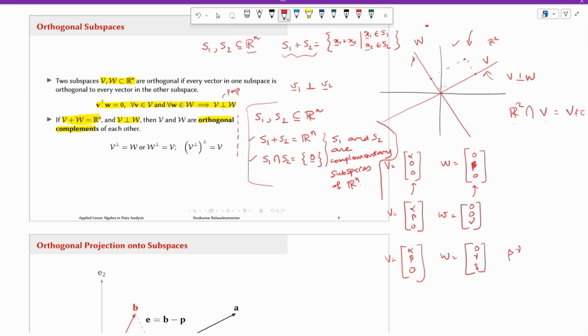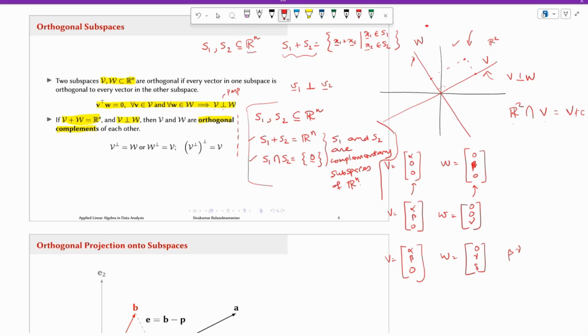Visualize it: you have the XY plane and the YZ plane. Do they only intersect at 0? No, they have the entire Y line in common. So the intersection is not 0, so they are not complementary subspaces. The sum produces R3, but the intersection is non-zero. If they're not complementary subspaces, there is no point in asking if they're orthogonal complements. Okay? So you get the idea.